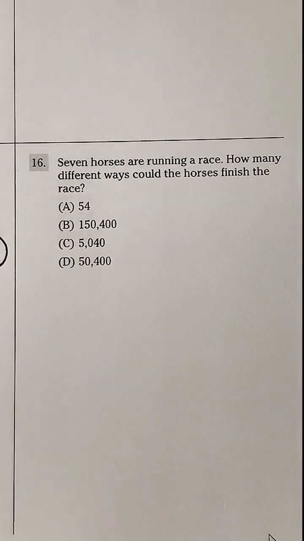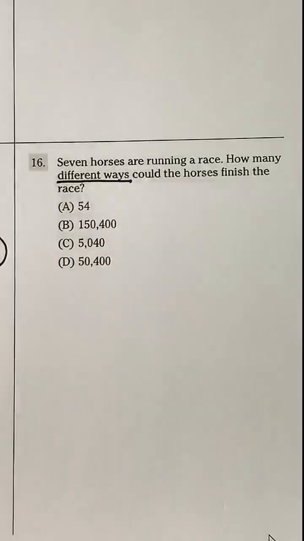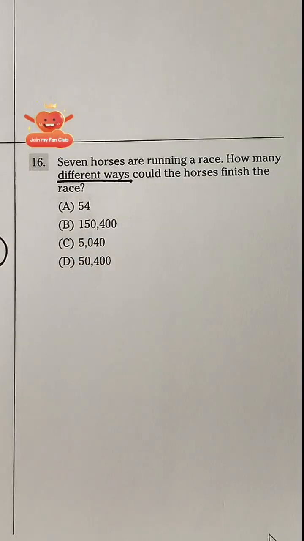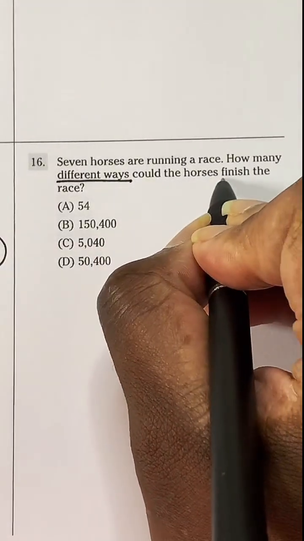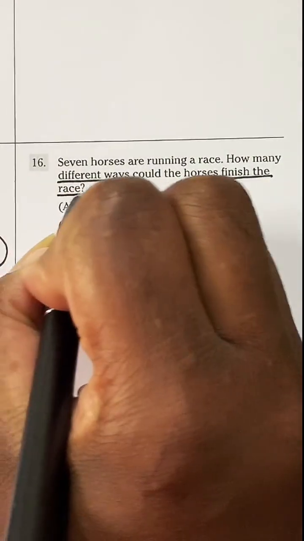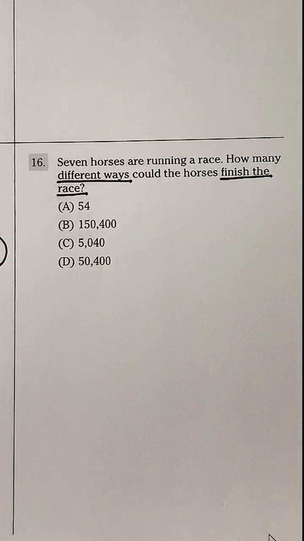I'm seeing some D's and a lot of C's. And I'm seeing that magical word called factorial. Now, anytime they say different ways, you're either using what's called combination or permutation.